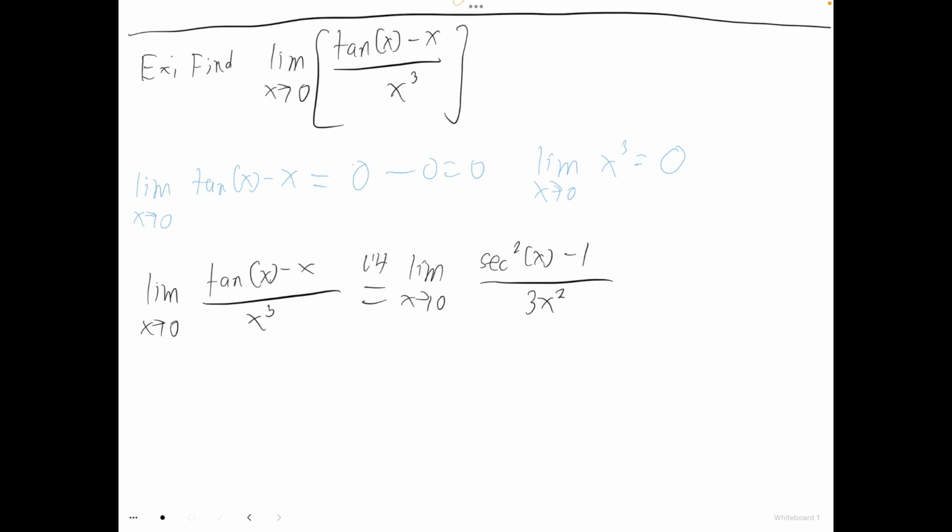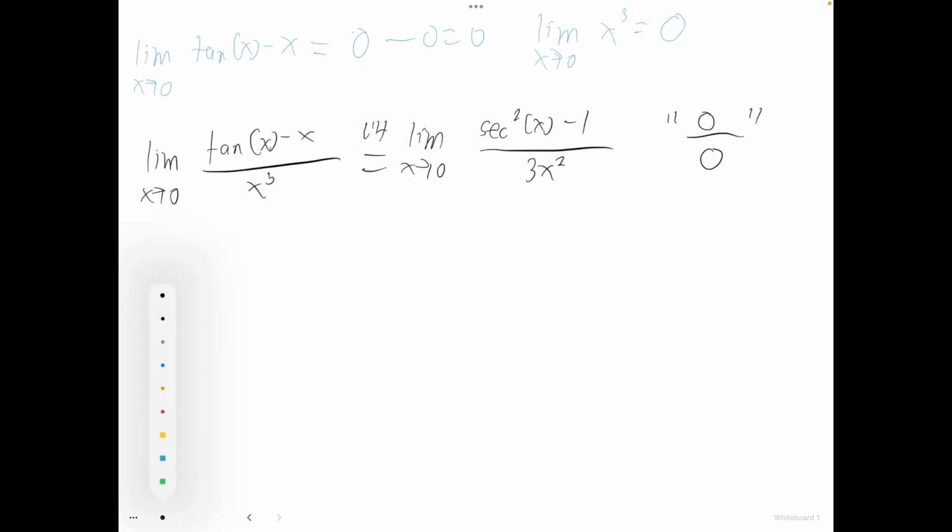Now, in this expression, one thing to note is that secant squared as x goes to 0, that is 1 over cosine squared. Cosine goes to 1, so secant squared goes to 1. So the top is going to 1 minus 1, which is 0, and the bottom still goes to 0. So this is a 0 over 0 form, so we can use L'Hopital's rule a second time.